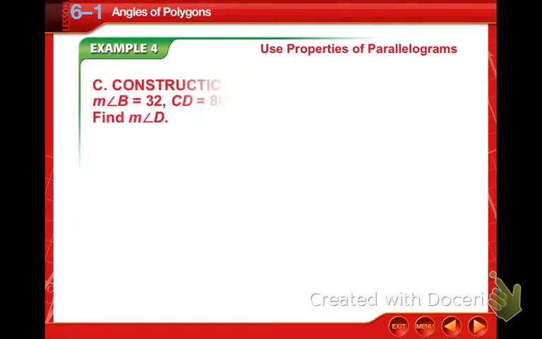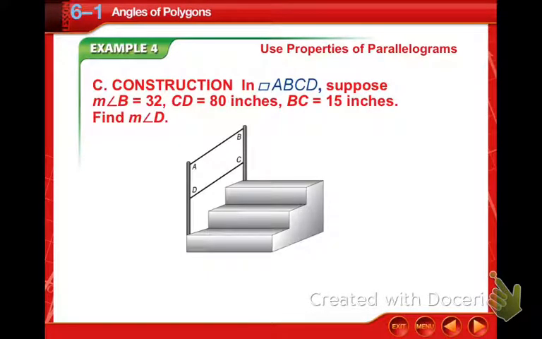Next problem. Same image again, using these properties, and everything's the same. Now we need to find the measure of angle D. This is a very easy one again, right? We know that B is congruent to D. We know that A is congruent to C. And if that's the case, then if the measure of angle B is equal to the measure of angle D, they are both equal to 32 degrees.